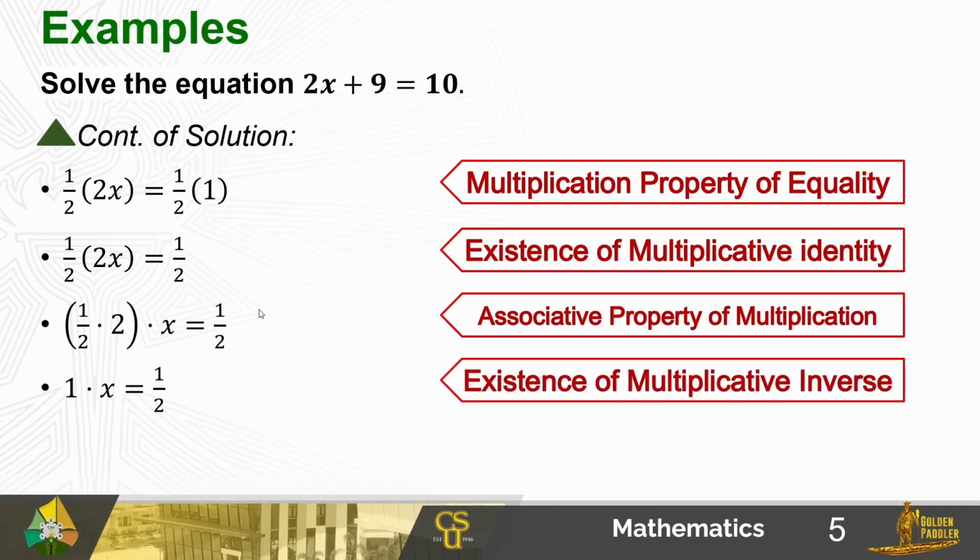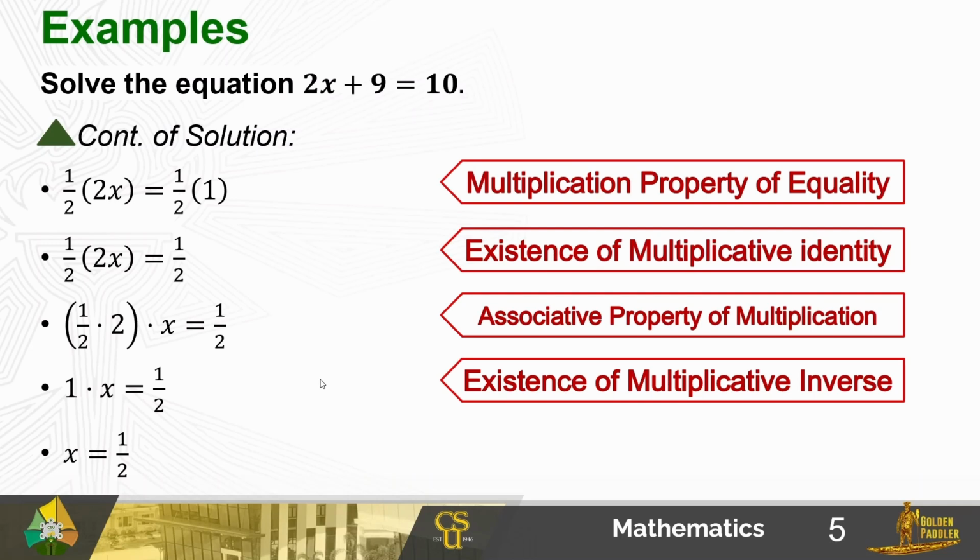Okay, we use the existence of multiplicative inverse. We know that 1/2 and 2 are multiplicative inverses of each other. So that's why we get 1/2 times 2 is equal to 1. Now, 1 times x is obviously equal to x. So we now get x is equal to 1/2.